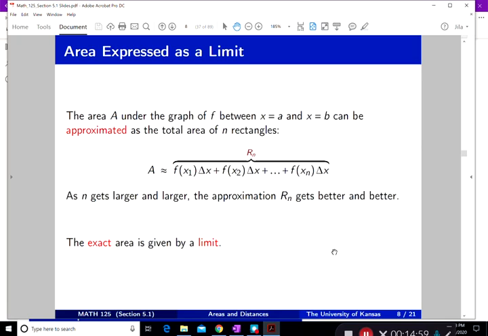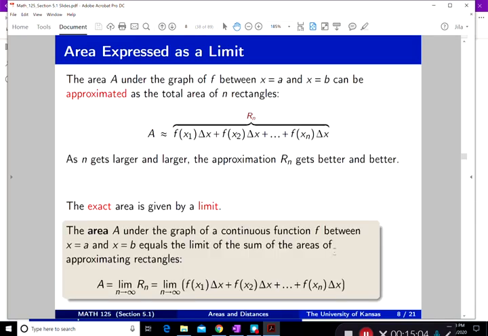So the exact area is actually given by a limit of the Riemann sums.